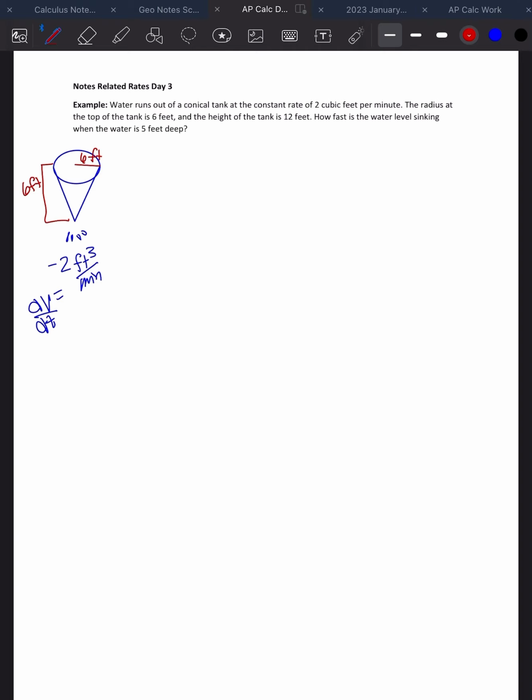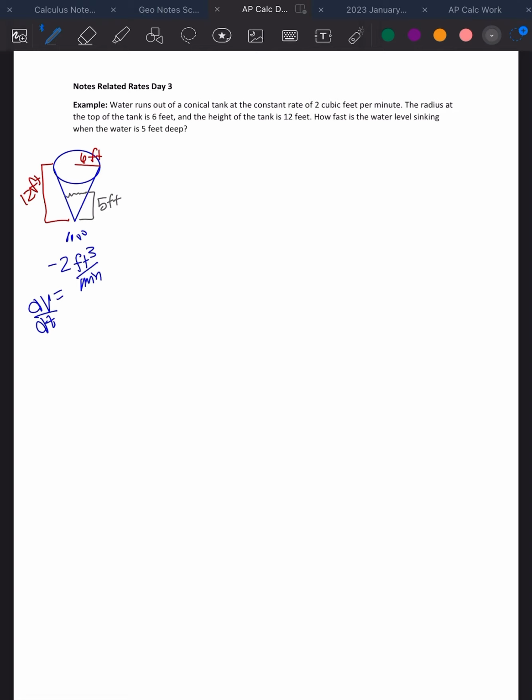Oh, sorry, the height is 12 feet. How fast is the water level sinking when the water is 5 feet deep? So we have our water here, and this water level is 5 feet.